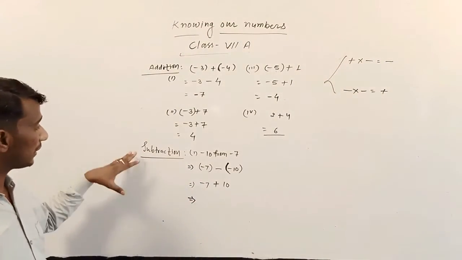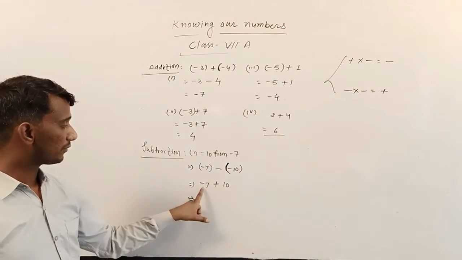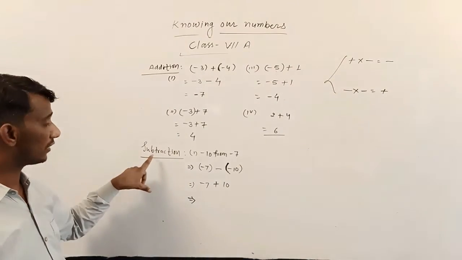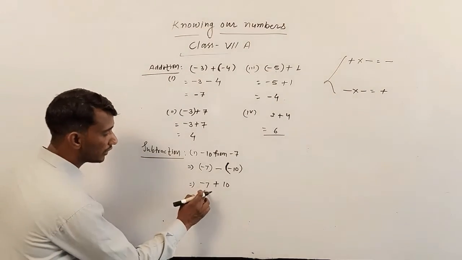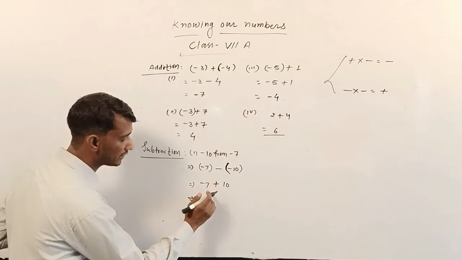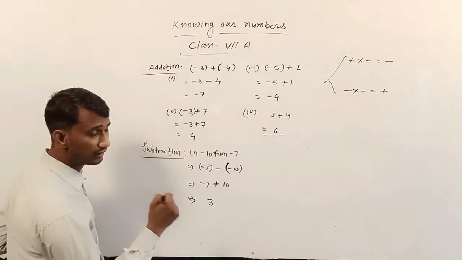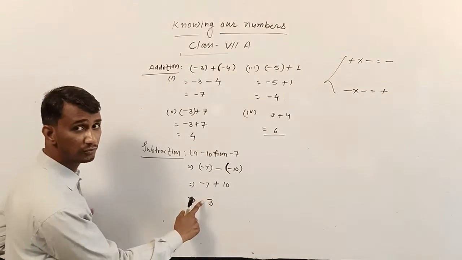We are applying a subtraction, but here -7 and +10 have different signs, so which operation will we apply here? Subtraction. Subtract 10 minus 7, here 3, and put the sign according to the larger number. The larger number is 10, which is positive, so we put a positive sign.